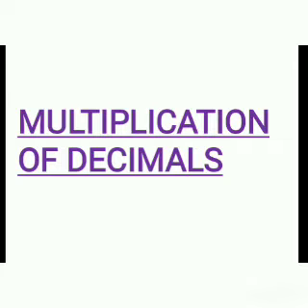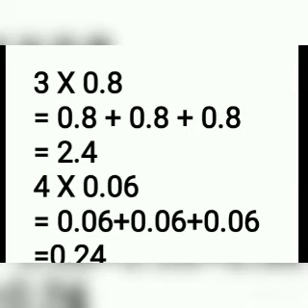You know, multiplication is repeated addition. From the smaller classes onwards we are studying. Multiplication means repeated addition. So 3 into 0.8, what does it actually mean? 3 into 0.8 means we are adding 0.8 how many times? 3 times.